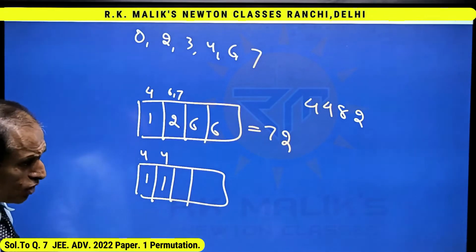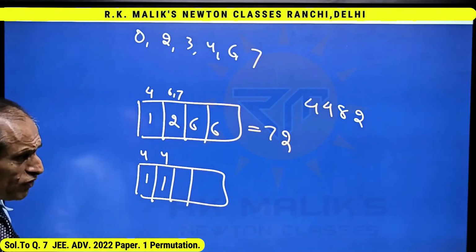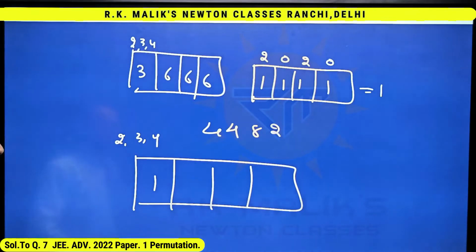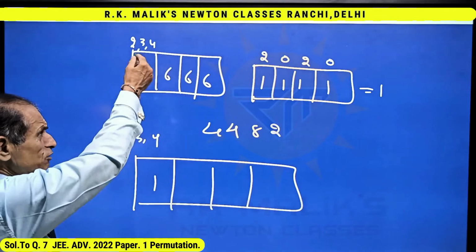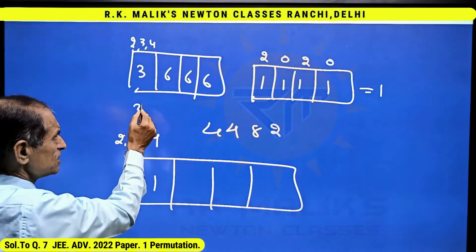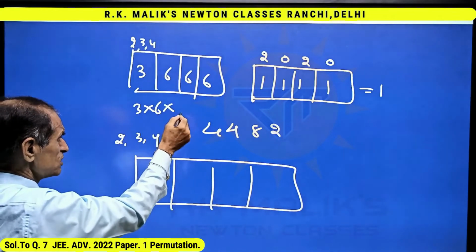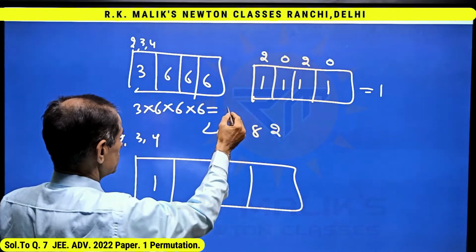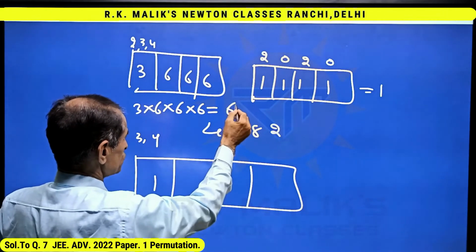Therefore, the total number of numbers which should have been rejected, 648 numbers calculated here, that is 3 into 6 into 6 into 6, that is 648.